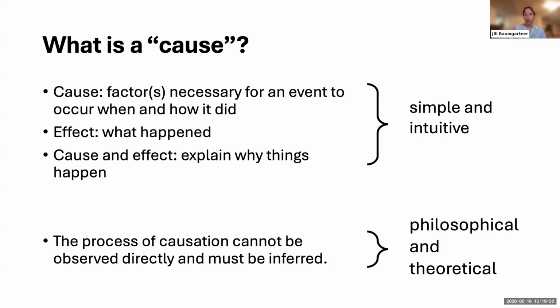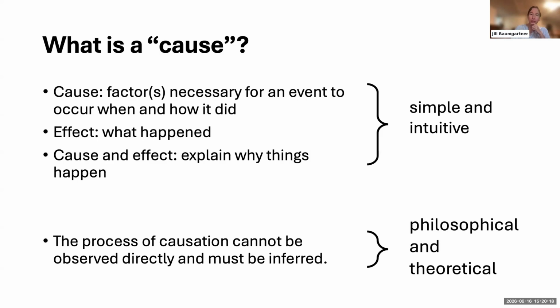Together, cause and effect explain why things happen, right? And we use this kind of thinking all the time. Sometimes we're trying to understand the physical world we live in, our emotions or our behavior, and we're constantly trying to tell the difference between things that are just connected and things that actually cause one another.